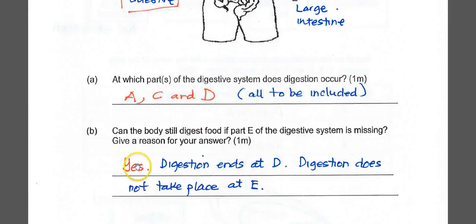All right, so the body will still continue to digest food because digestion ends at D, which is the small intestine. That's how you answer, digestion does not take place in E. Okay, just like that. You must know that there's no digestion taking place in the large intestine. Even if you remove it, the body will still digest, right? Let's carry on.